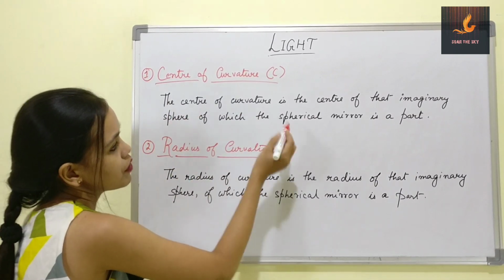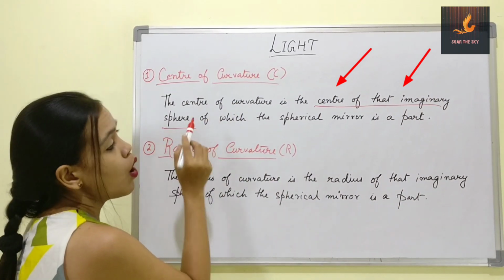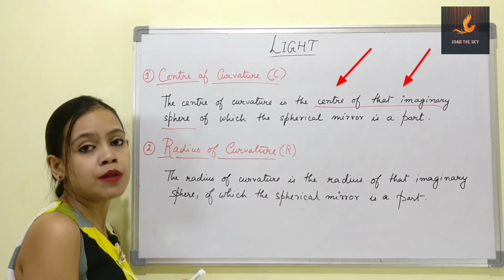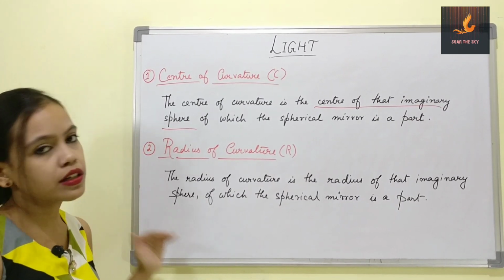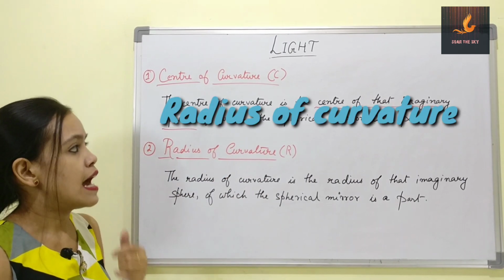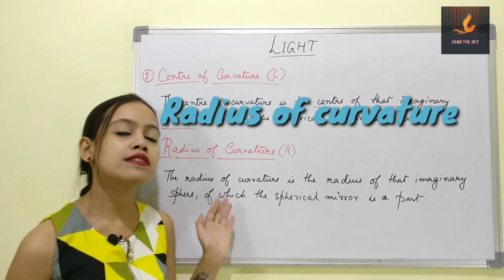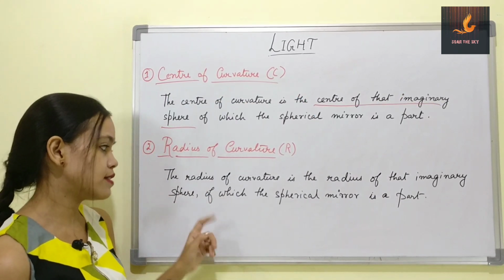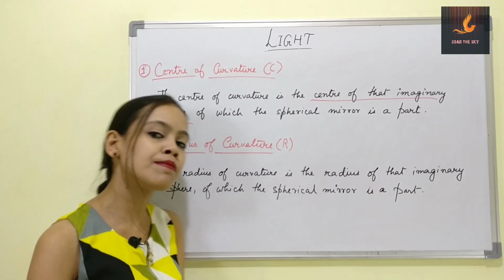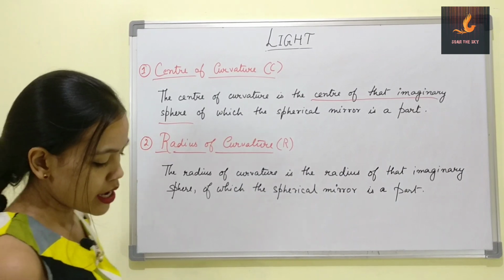So the center of curvature is the center of that imaginary sphere of which the spherical mirror is a part. Next term related to the spherical mirror is radius of curvature. As compared to the center of curvature, the radius of curvature also has a similar definition that states the radius of curvature is the radius of that same imaginary sphere of which the spherical mirror is a part.